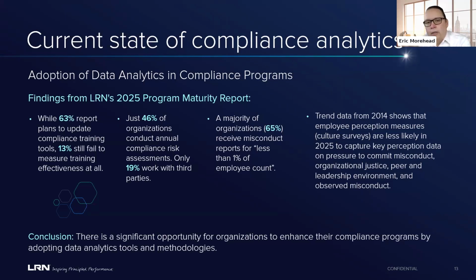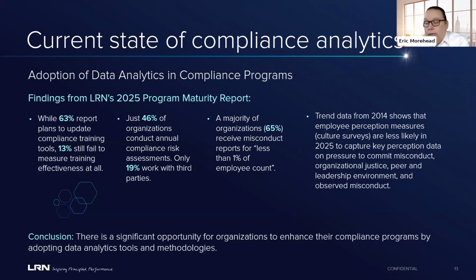And then the last piece of data that came up was we compared our trend data on some questions to similar questions that were asked in a survey that the NYSE and SCCE undertook back in 2014, just to have a level check on the maturity of what organizations are doing around data.